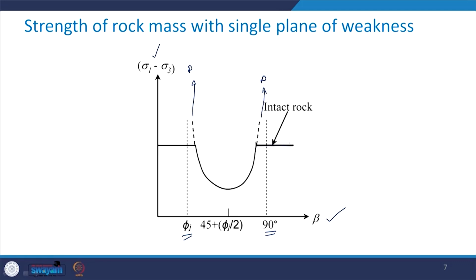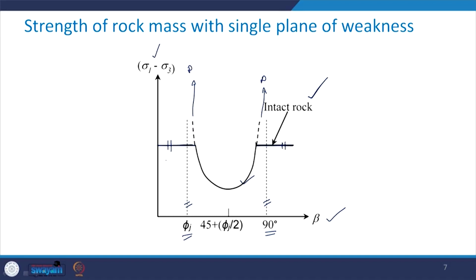This horizontal line gives us the strength characteristic for the intact rock. So, if beta is lying between phi j and 90 degree, the failure will take place along the discontinuity, otherwise the failure will take place along the intact rock.